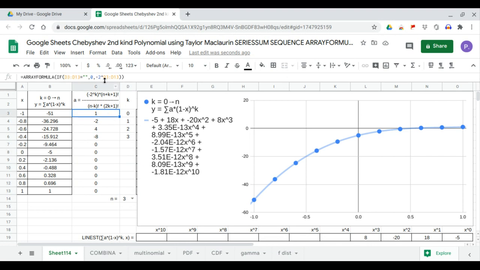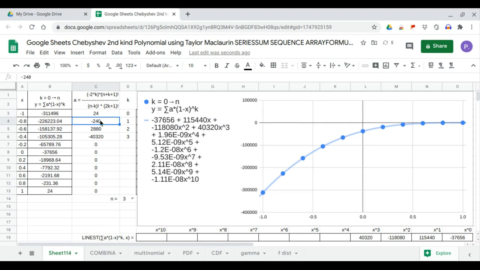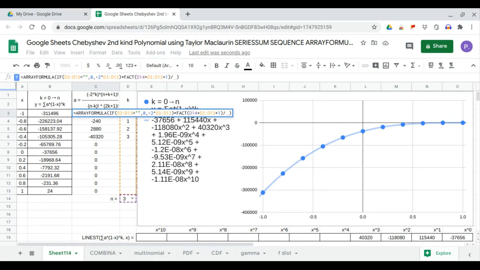Now we can continue with the second term, which is n plus k plus 1 factorial. So times factorial n plus k plus 1. And now the denominator. So we work on the denominator all over.